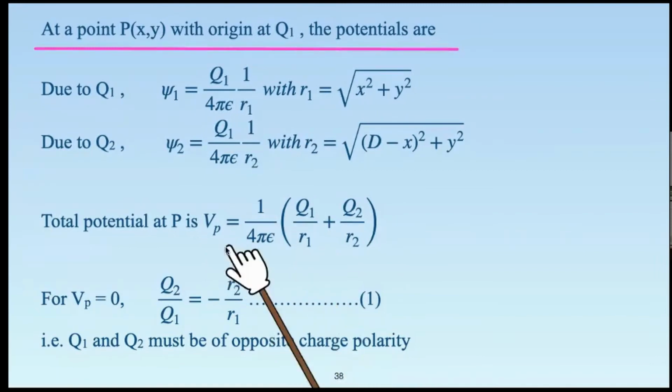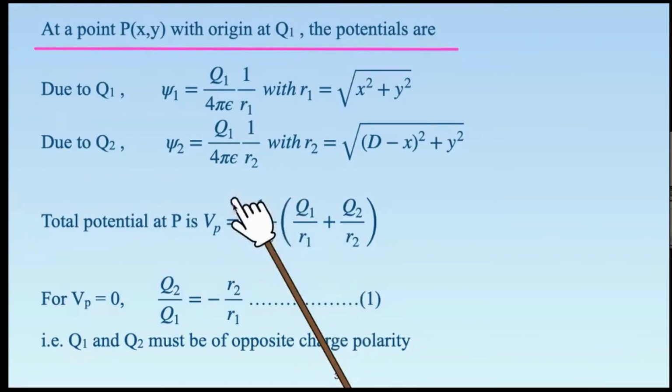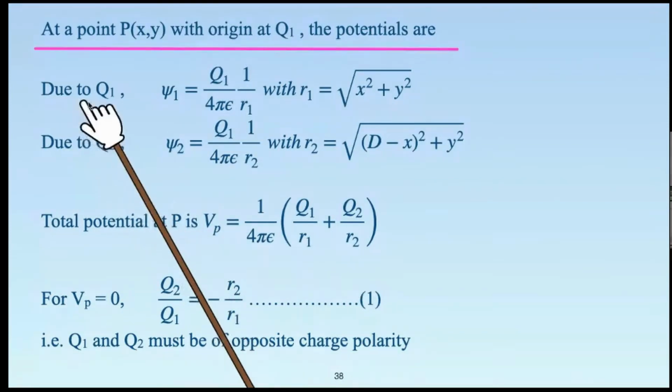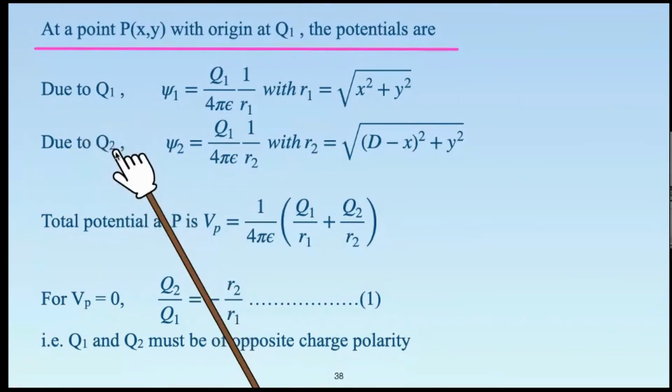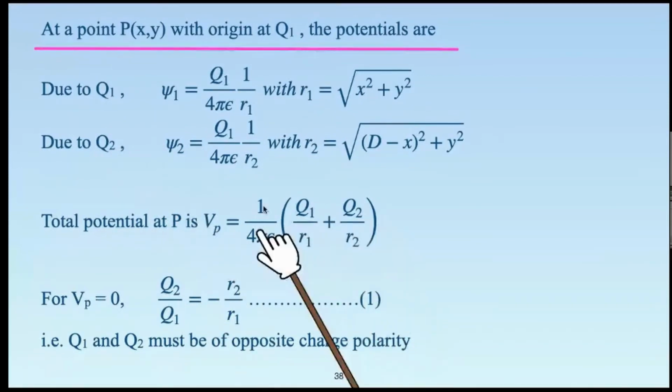So the potential at P will be equal to 1 upon 4 pi epsilon, the potential due to Q1 plus the potential due to Q2: Q1 upon R1 plus Q2 upon R2, where some part is common.